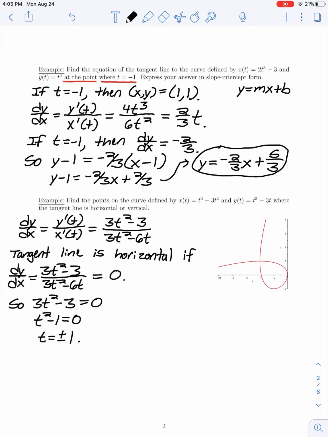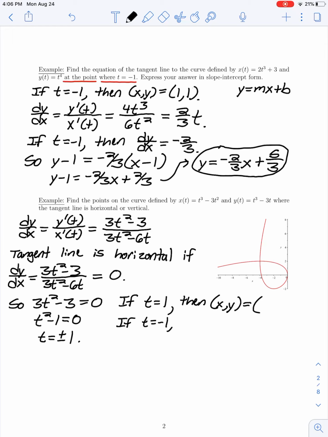So again, we were asked not just for the values of t, where our tangent line is horizontal, but the actual points on the curve where we had a horizontal tangent. So we need to take these values for t, namely t equals 1 and t equals negative 1, and find the corresponding point on our curve, x y.